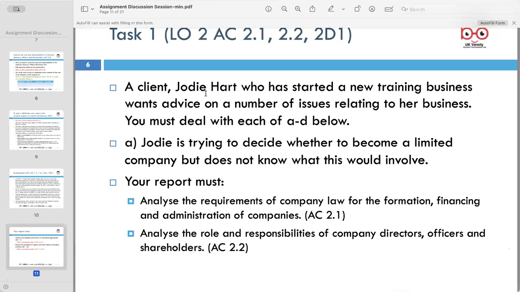So for example, today Jody Hart is coming to see me. She is telling me, okay, I want to start a training business, so can you please advise me what I should do? So I told you, you need to register as a limited company, and these are the benefits after registering. You are writing a report. Exactly.